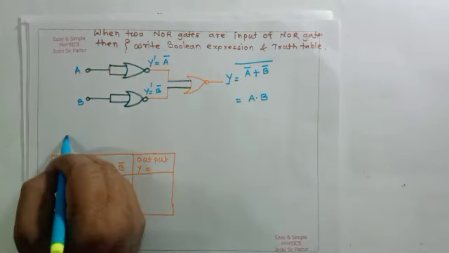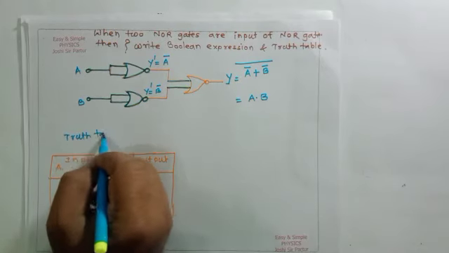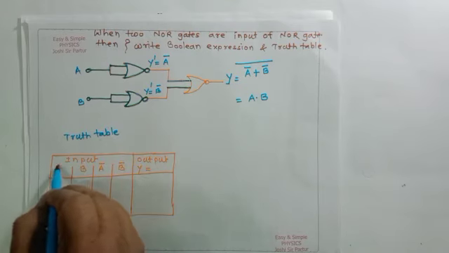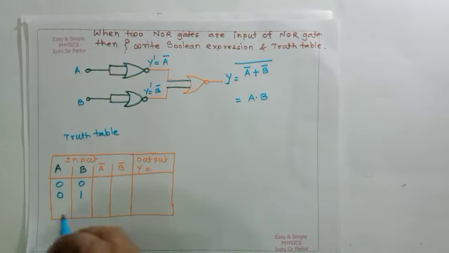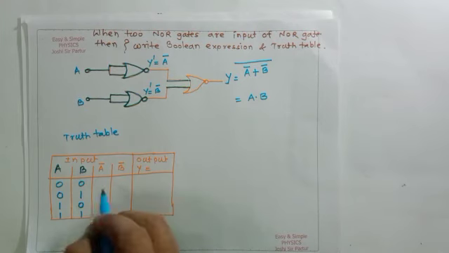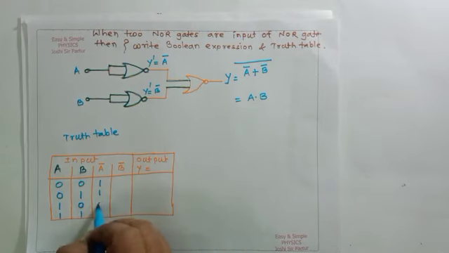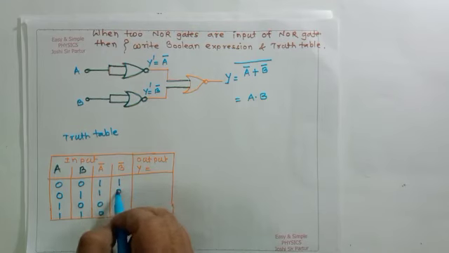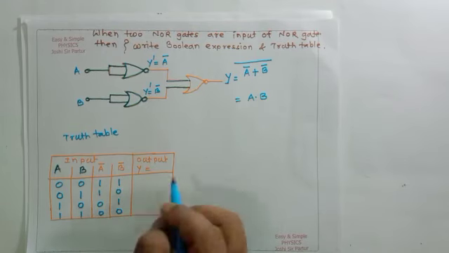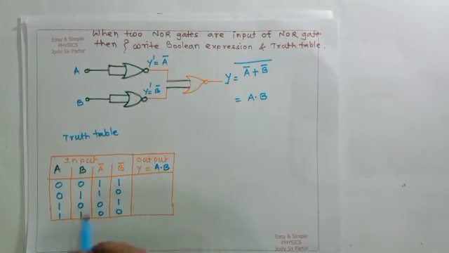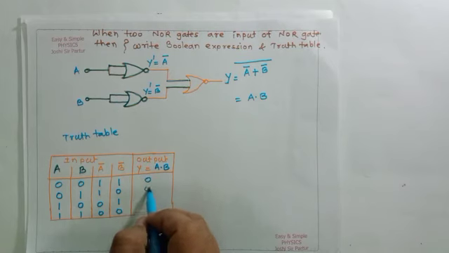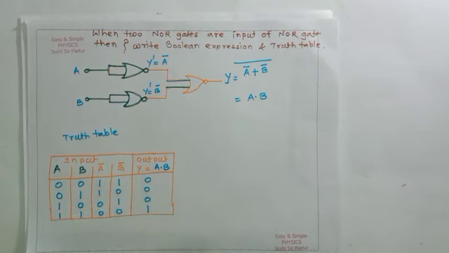If we verify the truth table, there are two inputs A and B, with values 0 0, then one low and one high, then one high and one low, and both high. So the complements become high, high, low, low, or high, low, high, low. The output will be the NOR of these, so the output becomes low, low, low, high.